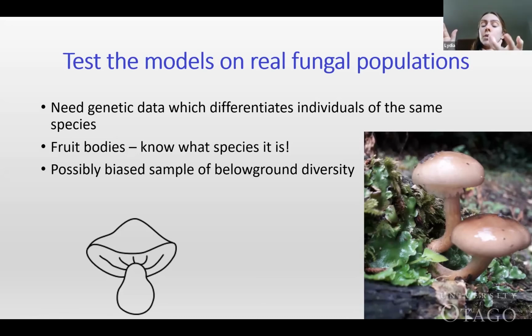If I just dig up soil and get mycorrhizas and don't know what it is a priori, I'm told that we can genotype it to the level of identifying which species are out there. But I'm told that it's not really possible to get individual differentiation while also knowing that I'm looking at the right species.